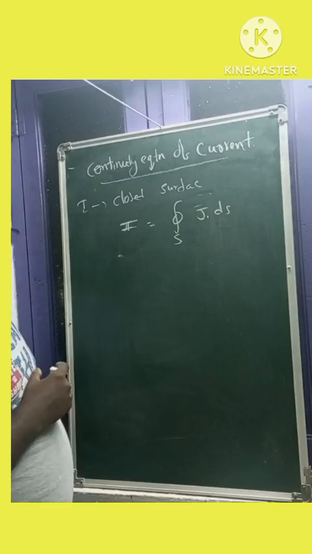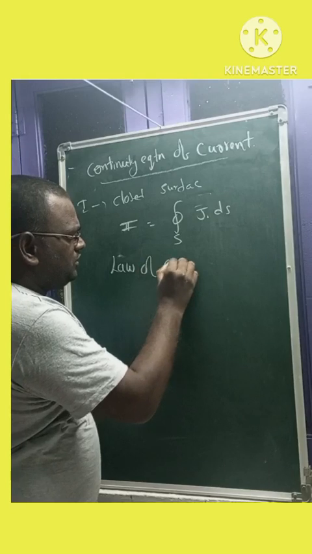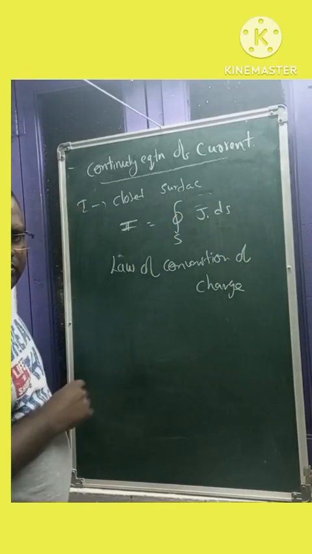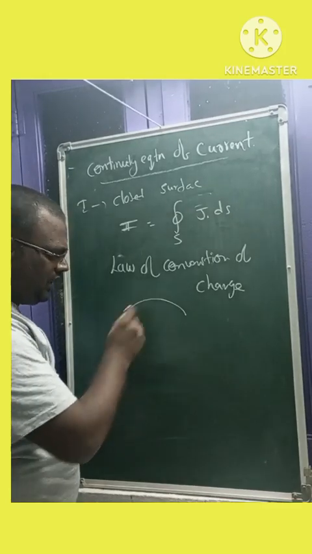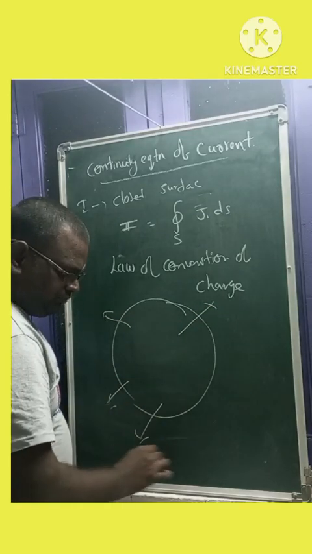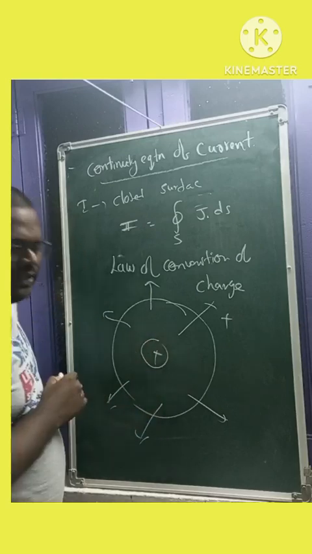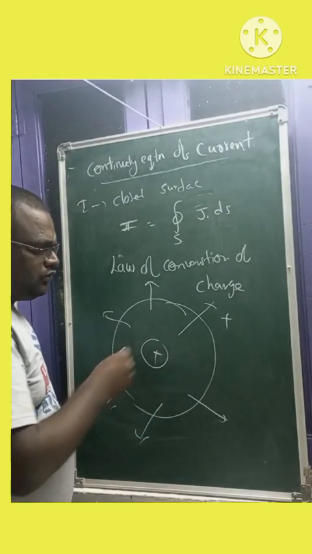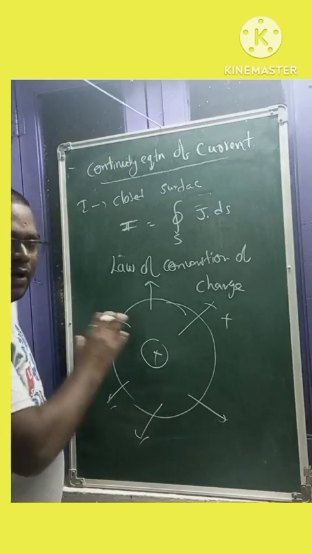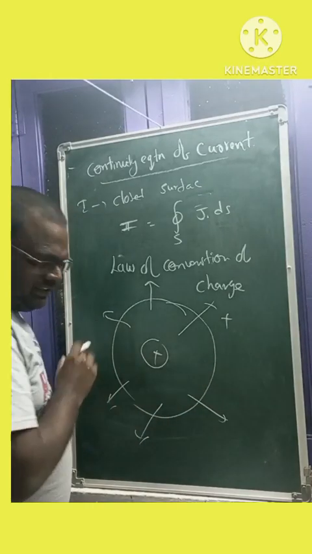Now, as per the law of conservation of charge, the net outward positive charge must be balanced by a decrease in the positive charge.